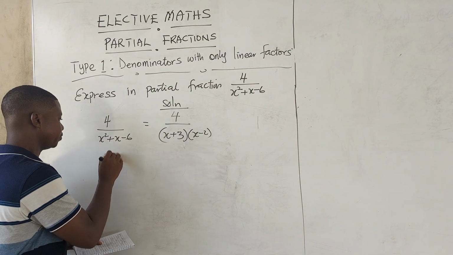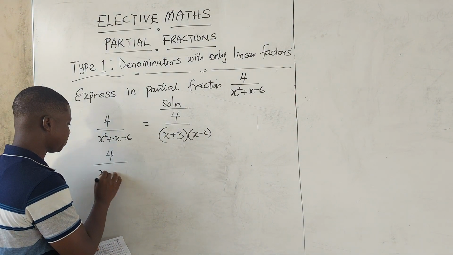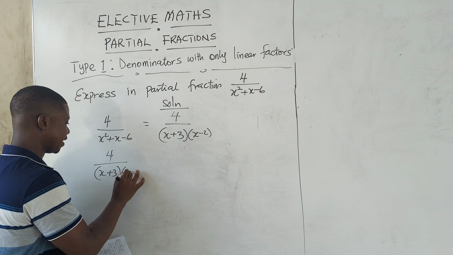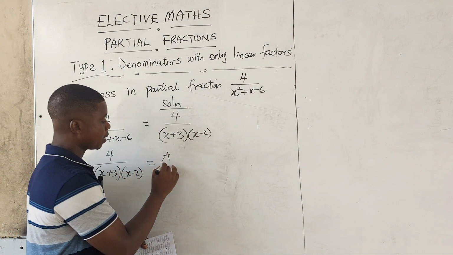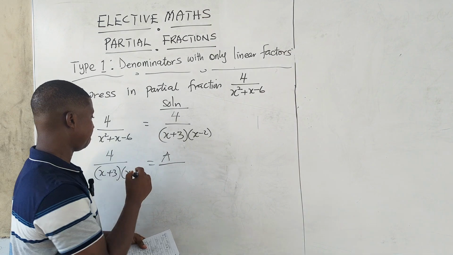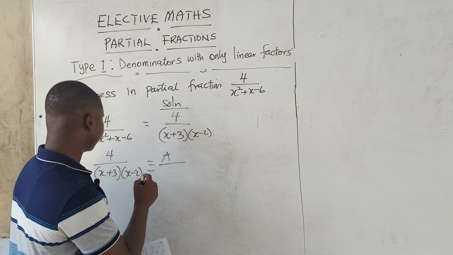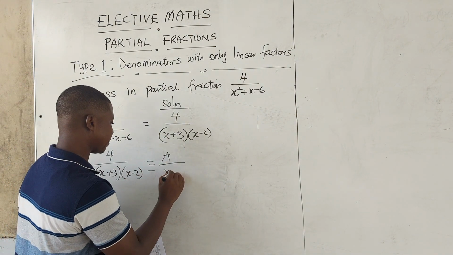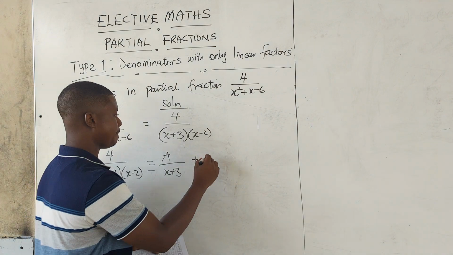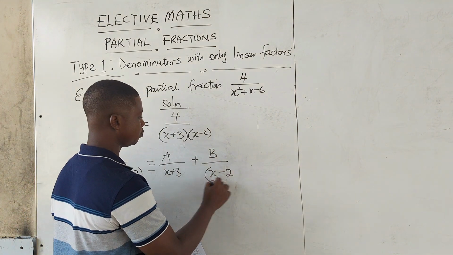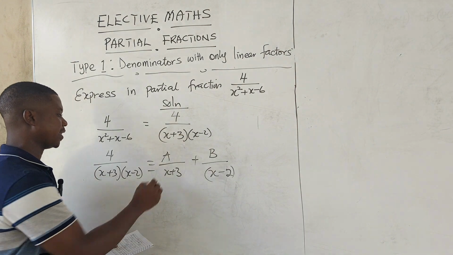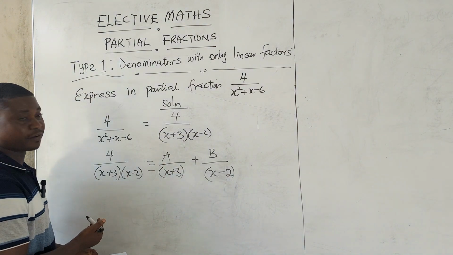So we have 4 out of (x plus 3)(x minus 2), which gives us A over x plus 3 plus B over x minus 2. At this stage, I can find my LCM.